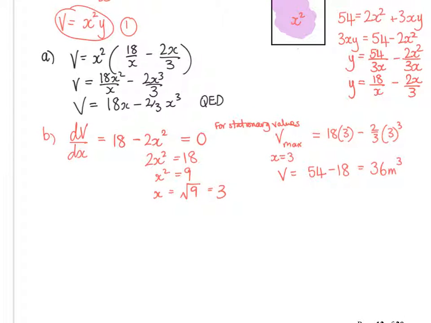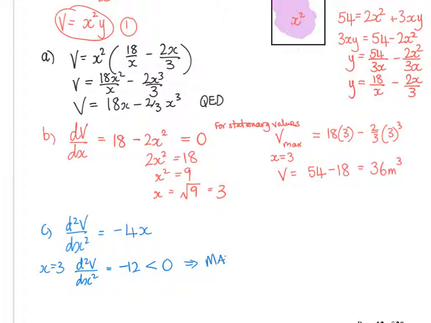So if we now look at d2v by dx squared, we differentiate this again, and we get minus 4x, and when x is equal to 3, the second derivative is equal to minus 12, which is less than 0, so that implies that it must actually be a maximum volume.